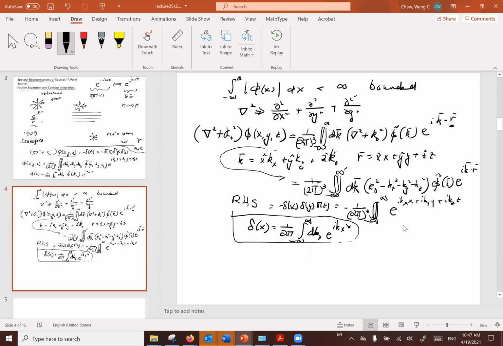In other words, if this thing, which is the left-hand side, equals this thing, which is the right-hand side, for all x, y, and z, which means for all r, then essentially you can remove the Fourier transform integral.